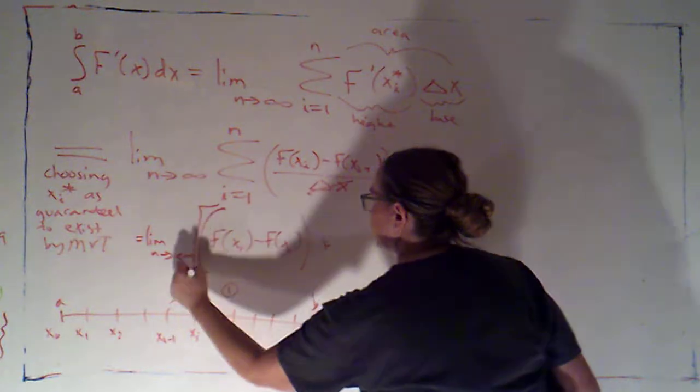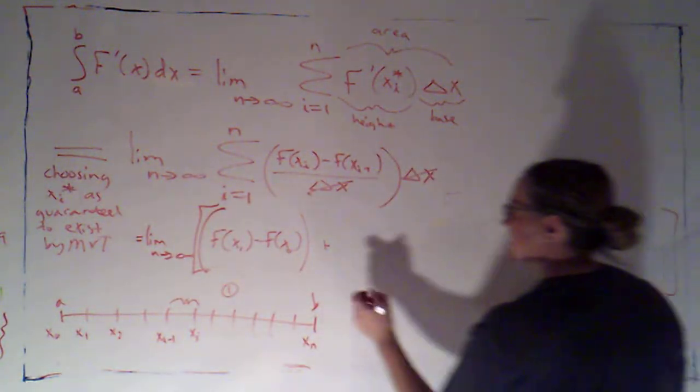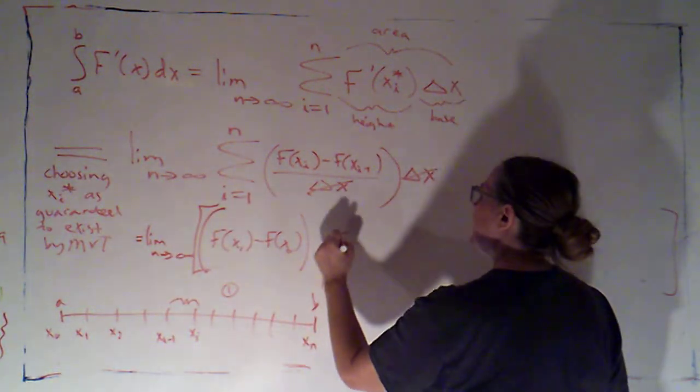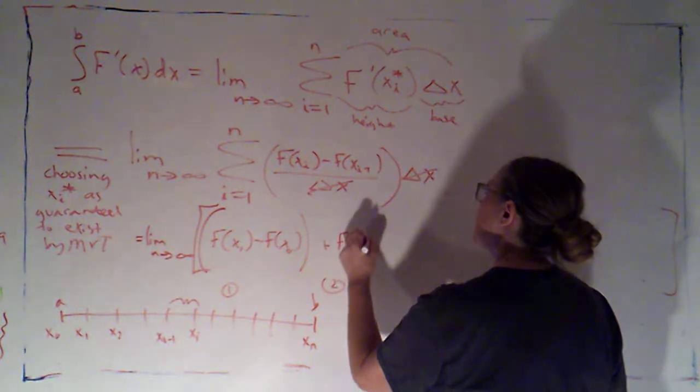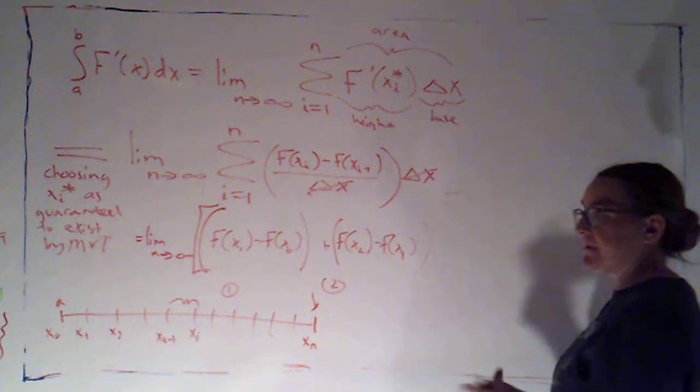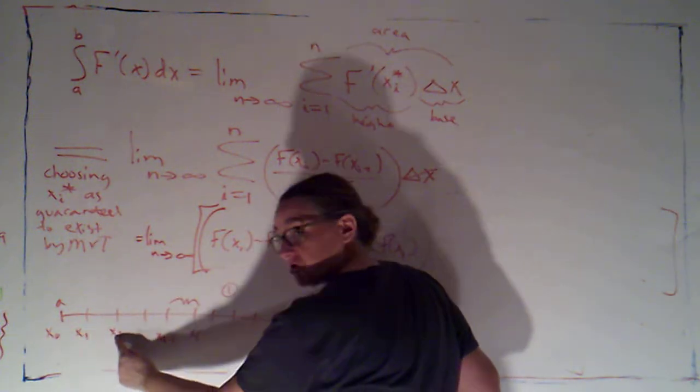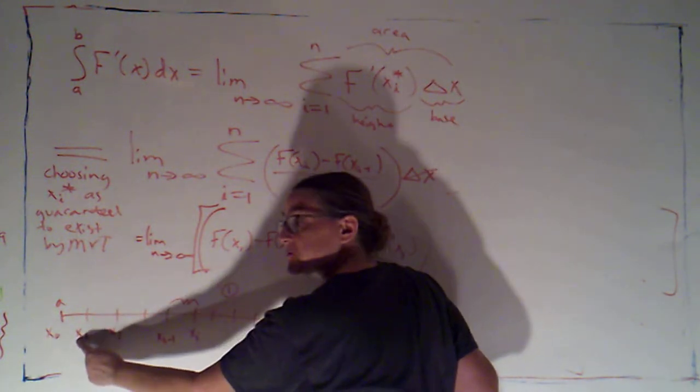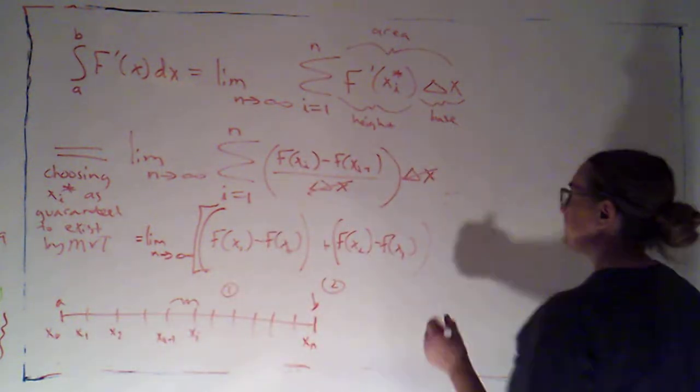Plus, when my index is 2, I'm going to be getting f of x2 minus f of x1. Because for the second subinterval, x2 is the right endpoint and x1 is the left endpoint.